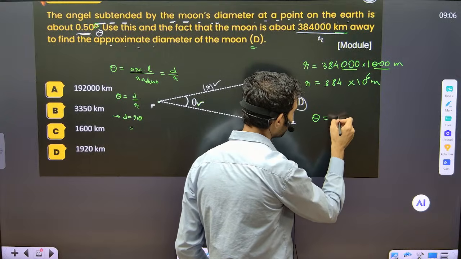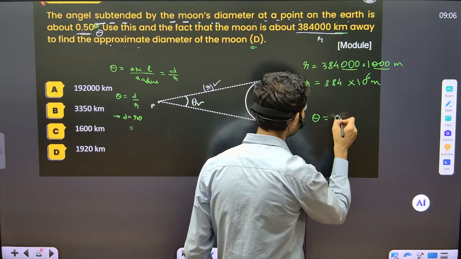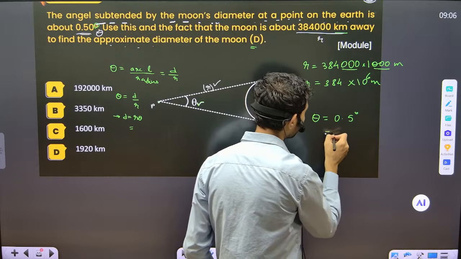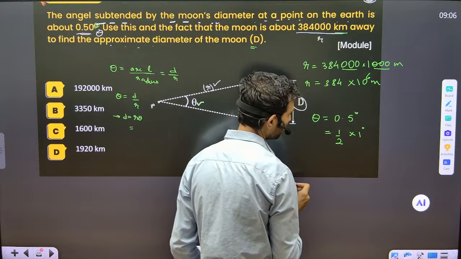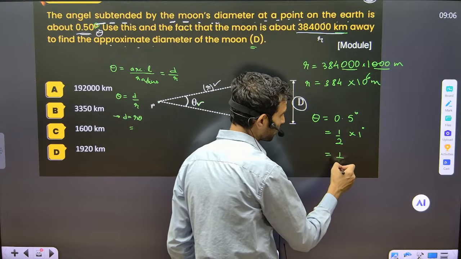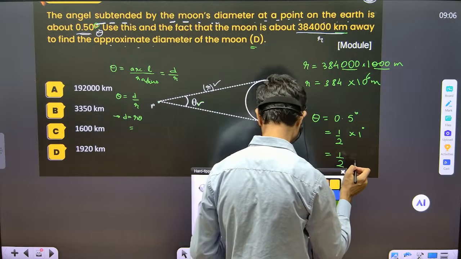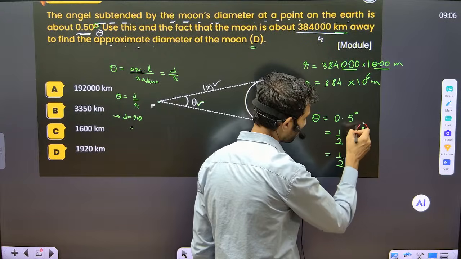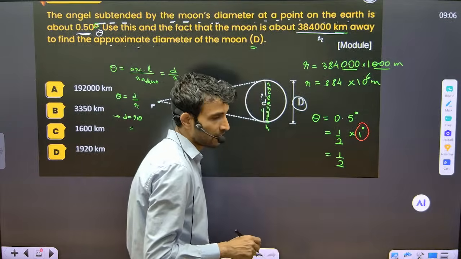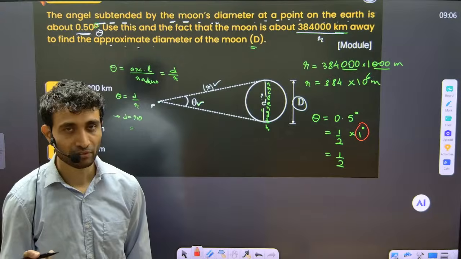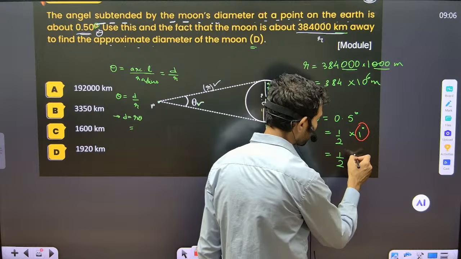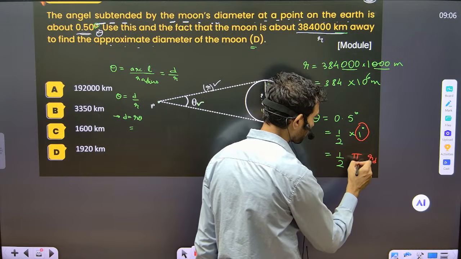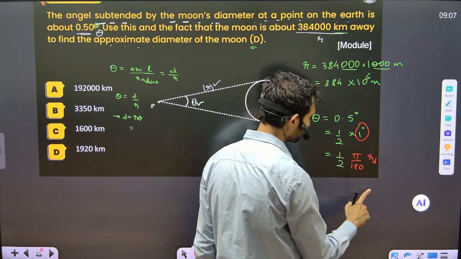It is 0.5 degree, which can be written as 1 by 2 into 1 degree also, right? And why am I doing that? Because I want to put the value of 1 degree. And what can 1 degree be written as? We have done it in the last class, if you can remember. We saw that 1 degree is nothing but pi radian upon 180.